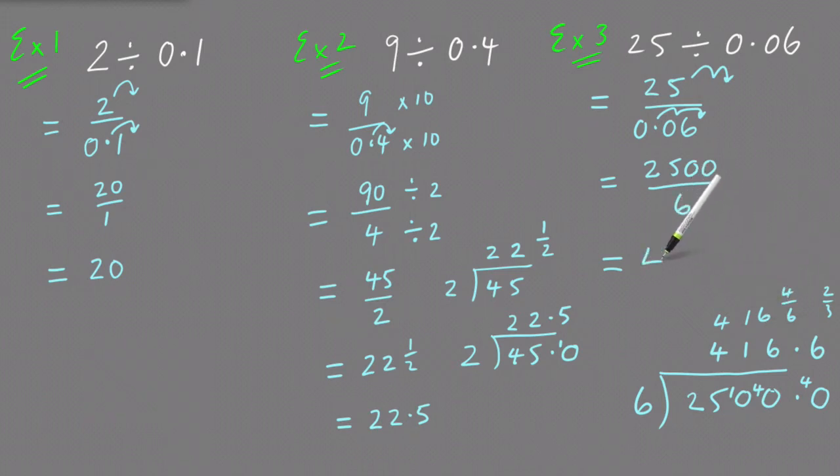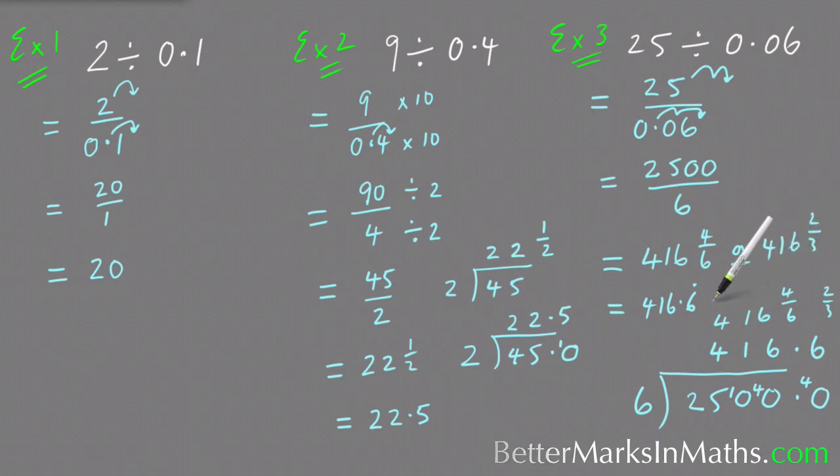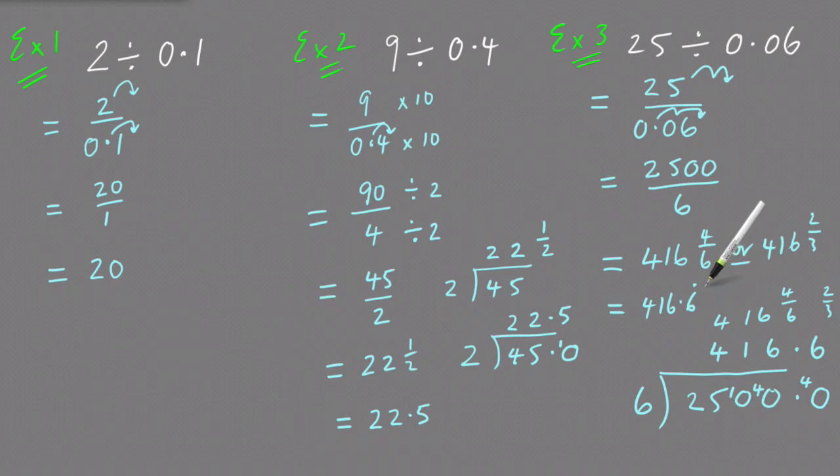So as a fraction 416 and 4/6, and as a decimal 416.6, repeating with a line or a bar across the top. So that's what this sum is equal to, 416 and 4/6, or 416 and 2/3 in simplified form, and as a decimal 416.6, recurring or repeating.